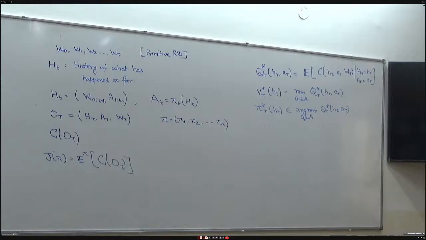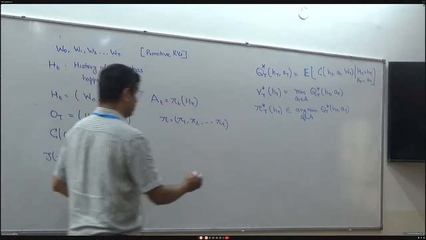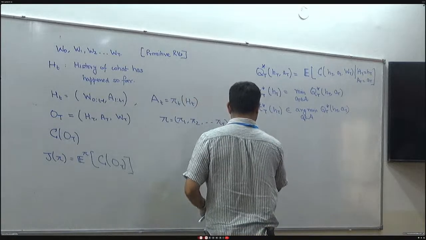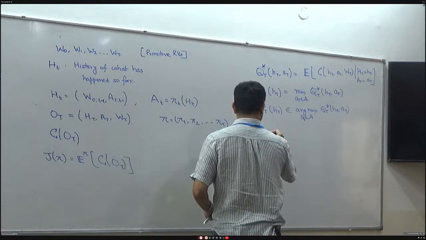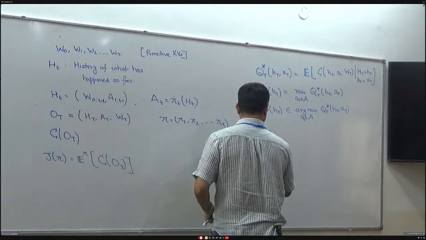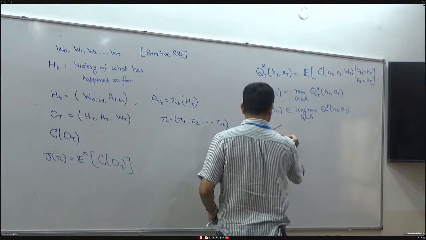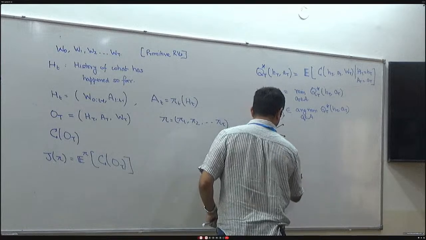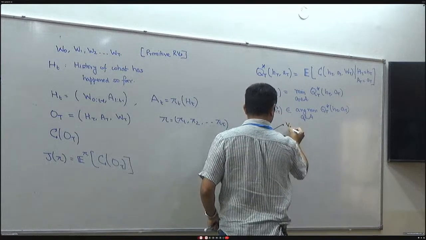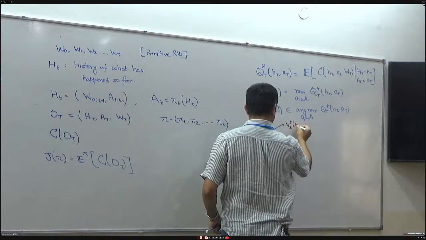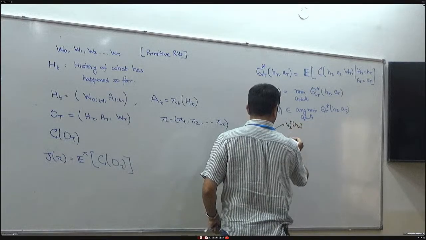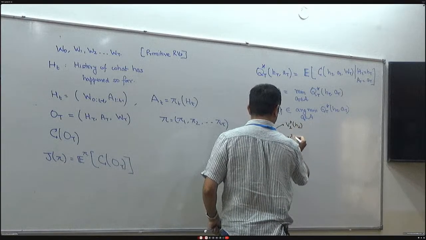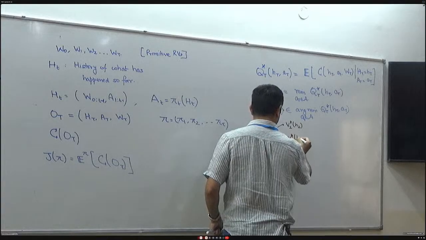So once I have done this procedure, what I'll be left with is I have state 1, then W1, and then these things, and I have a value for, this is now V2 star of H2, this is V2 star of a different H2.